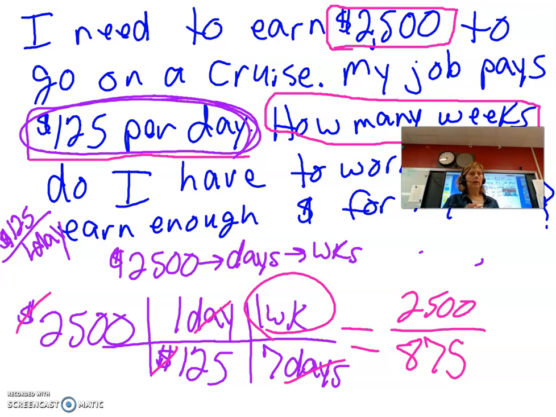Now I want to take it out of fraction form. It actually comes to, I'm going to round to 2.9 weeks. If I want to know whole weeks, it is actually 3 whole weeks, but 2.9 is acceptable. So I have to work 2.9 weeks to earn enough money to go on my cruise.